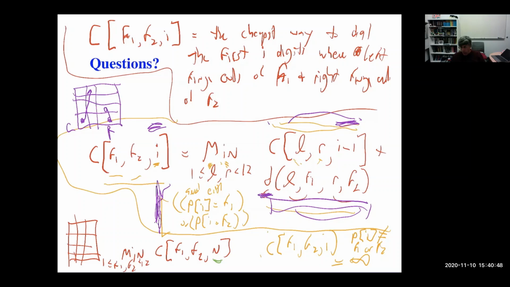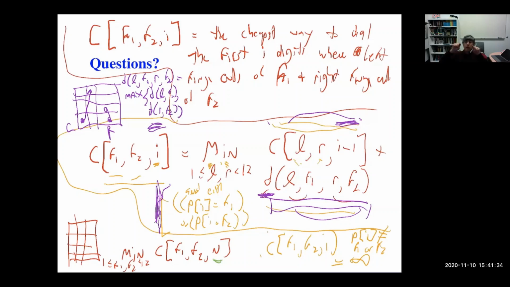This is supposed to be the cost of the movement, the distance movement. If I can move both fingers at the same time, and the time is proportional to the length, I think I want D of L, F1, R, F2 to be the max of the distance from L to F1, comma, distance of R to F2.